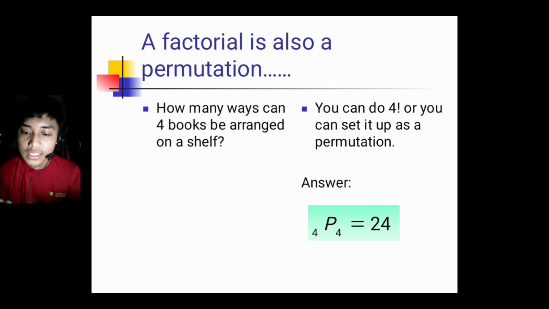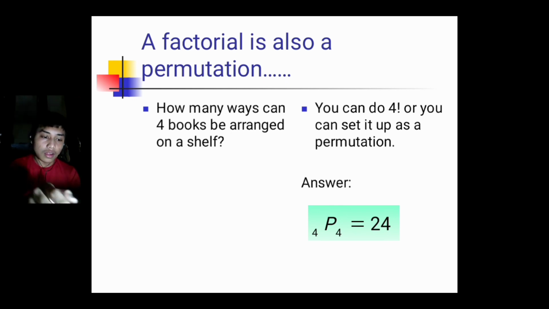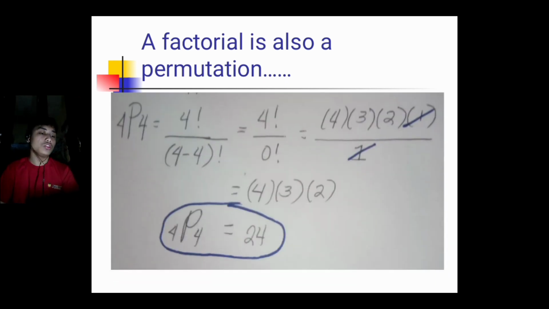Why? So, I also got the calculation ready, no? Now, this is my solution. We have 4P4, which is 4 factorial over (4 minus 4) factorial. So, we have 4 factorial divided by 0 factorial.